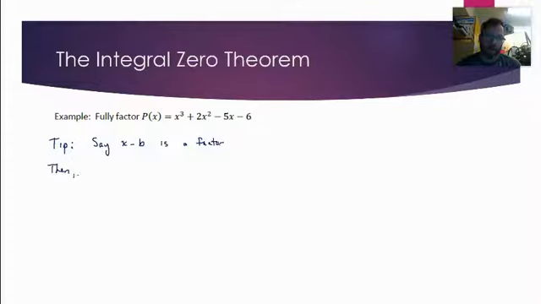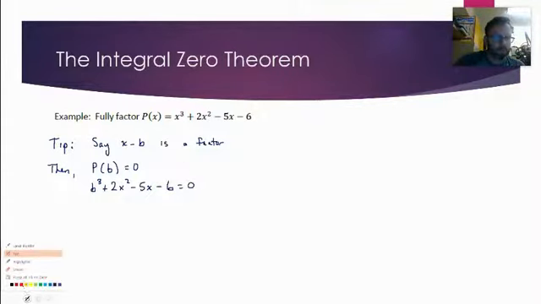Then we know that when you plug in b, you get 0. And so for our case here, we would get b cubed plus 2b squared minus 5b minus 6 equals 0. Oh, I forgot to plug in the b's. You have to forgive me for that.